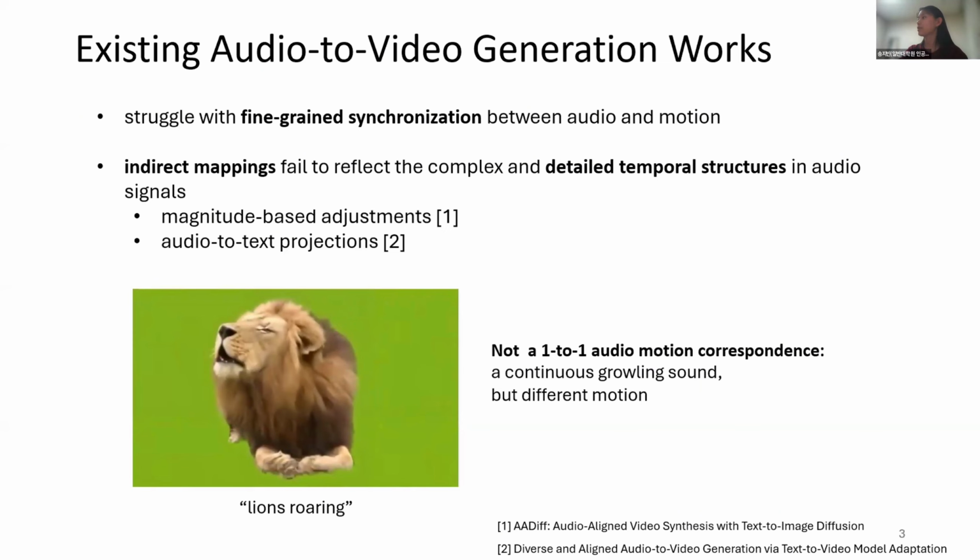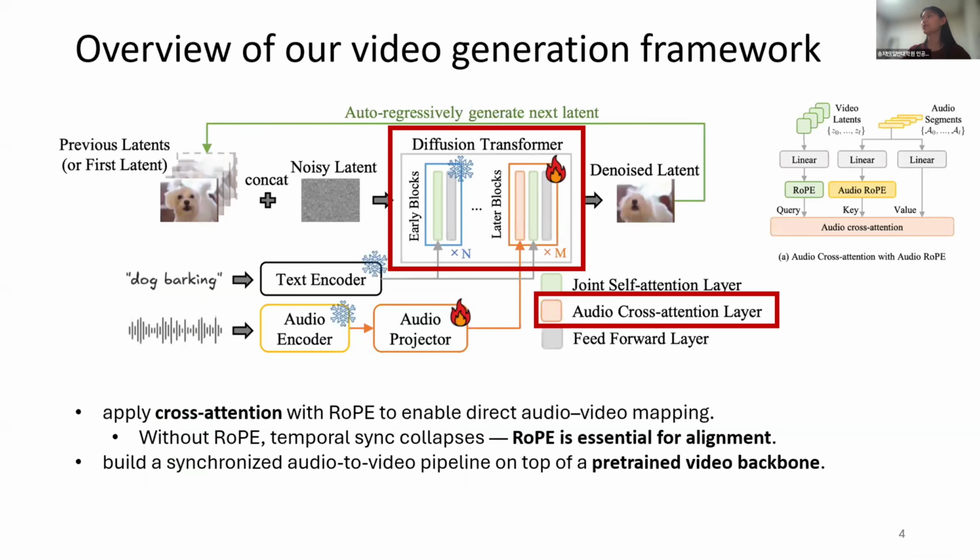Another line of research was to project audio into text space. This could ignore the audio's temporal structure, because text is too simple to interpret the audio's temporal structure. So to solve this synchronization problem, we apply cross attention with RoPE to enable direct audio-video mapping.